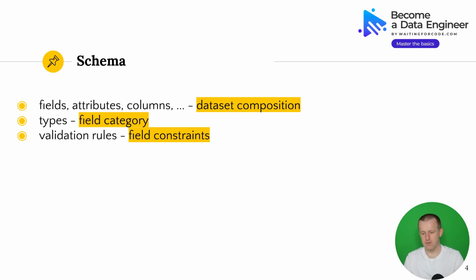And finally, there are also validation rules, the constraints. As I said before, you can define one field as having only positive values. You can do other things, like define the max length of arrays, or any other constraints you want. Again, it will simplify the data processing logic, because you will not need to repeat these rules in your job.